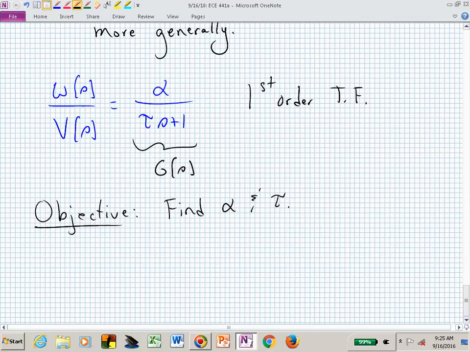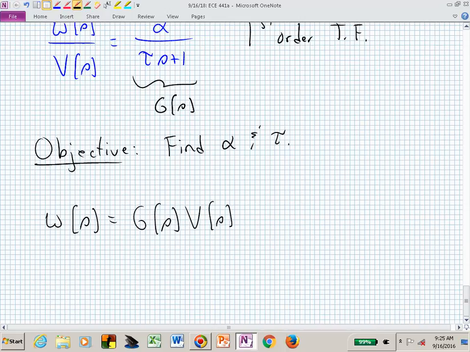Maybe they give us something a little differently. But we can solve this relationship. We can now say that omega of s is our transfer function G of s times our input Laplace transform V of s. And let's just assume that somebody's applying a constant voltage to the input of our system, and let's say that constant is A.